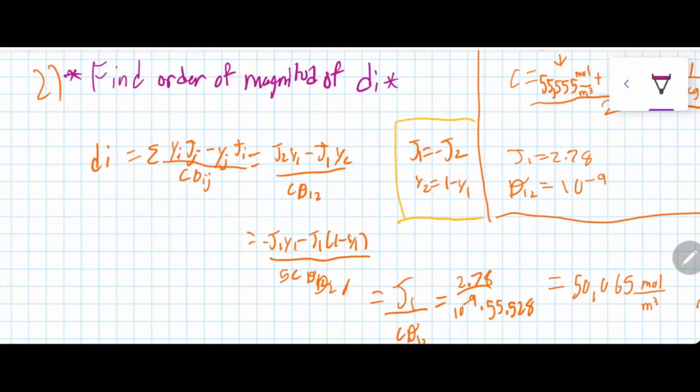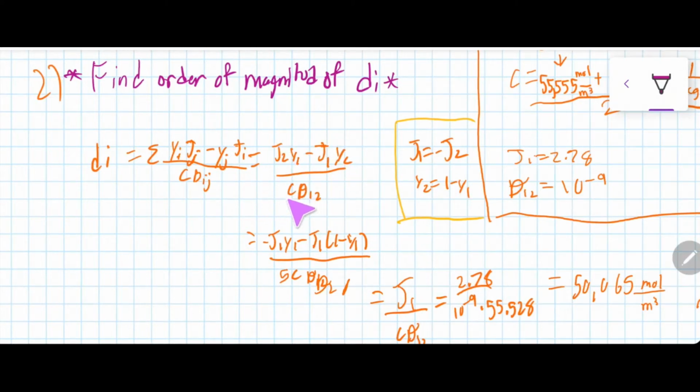We know the equation for driving force is equal to the sum of the mole fraction of i times the molecular diffusive flux of j minus the opposite over here, and that's all over the concentration times the diffusion coefficient, Maxwell's diffusion coefficient to be specific.